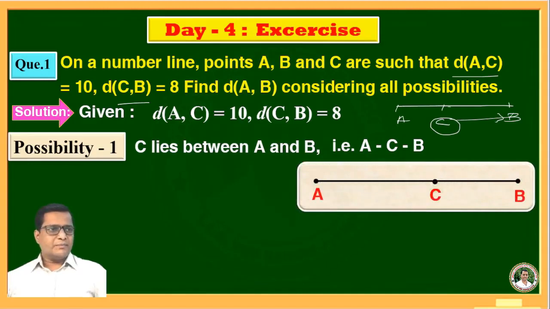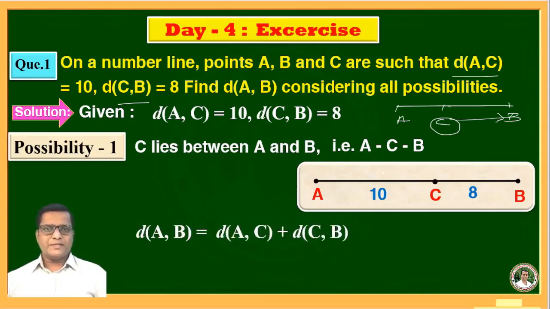In this figure point C is between A and B. Distance of AC is 10 given and distance of BC or CB is given 8. Then we want to find the distance of AB. Then what is distance of AB? Distance of AB is nothing but distance of AC plus distance of CB. Why?